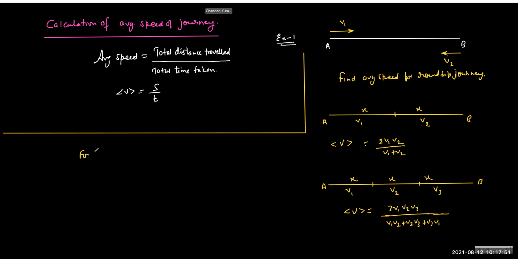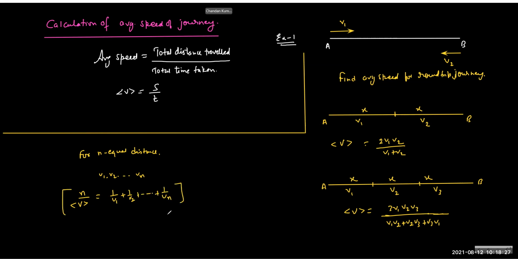So for n equal distances, let's say we have V1, V2, up to Vn for n equal intervals in terms of distance, you can write it like this: n upon V average equals 1 by V1 plus 1 by V2 and so on.